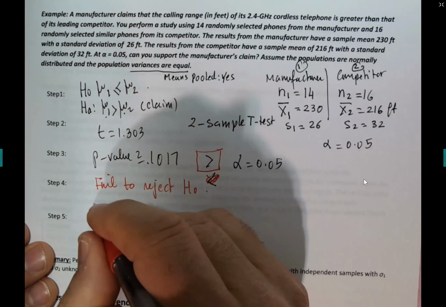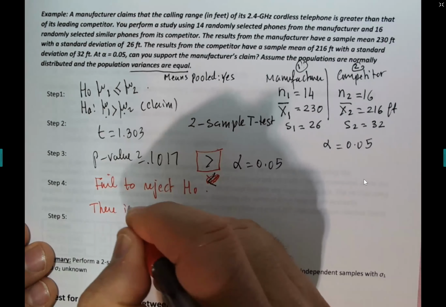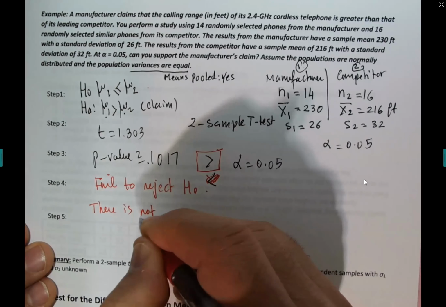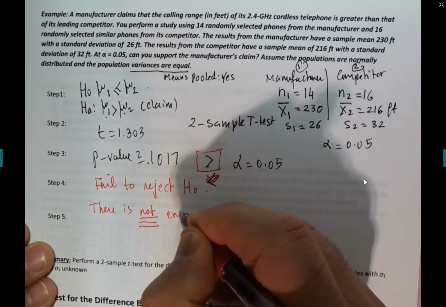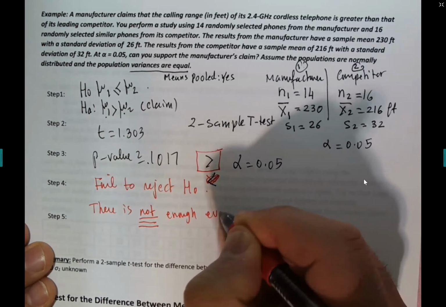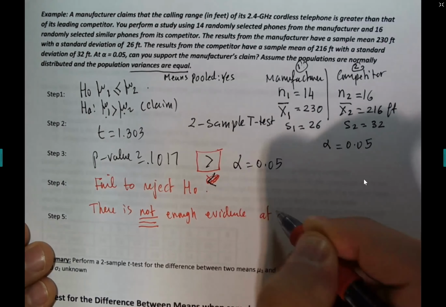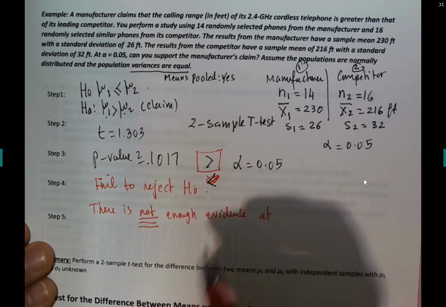And I think, guys, probably you're tired of hearing this. There is not enough evidence. If you rejected H0, you would start with there is enough evidence.